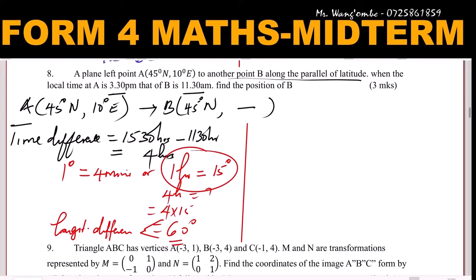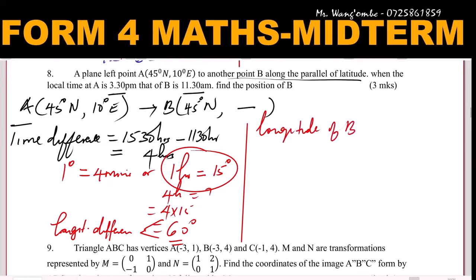You know that places to the east of the prime meridian are always ahead of time. Places to the west are behind. So in this case, A will be more to the east, then B will be to the west because it is behind of time.